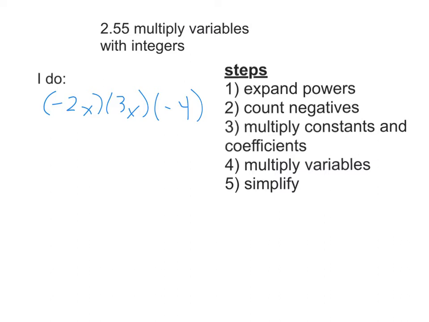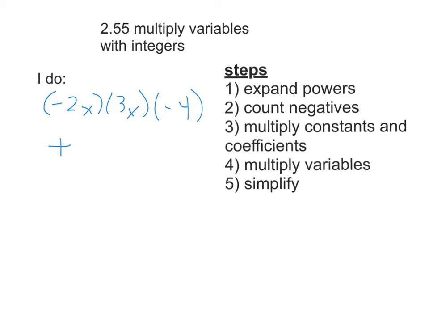So we can just skip the very first step. The second step says that we need to count negatives. So I see that I have a negative here, that's 1, and I have a negative here, so that's 2. Since there's 2 negatives and we're multiplying, that means that it's going to be a positive answer. So I'm going to put a plus sign.